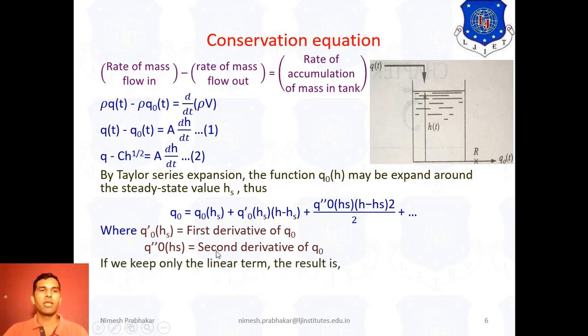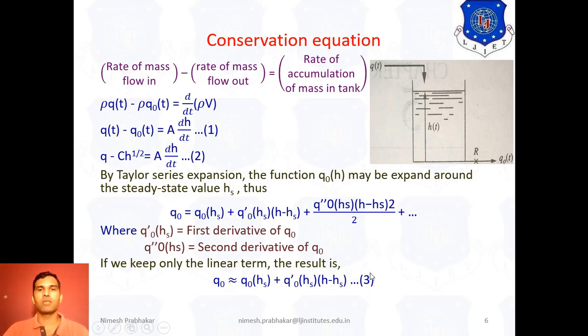Now, if we keep only the linear term, we keep only the Q0' term and not the Q0'' term. So we can write Q0 is equal to Q0(hs) plus Q0'(hs)(h minus hs).